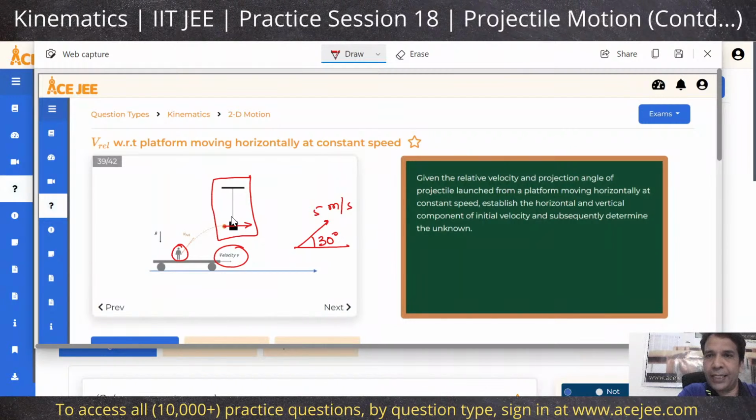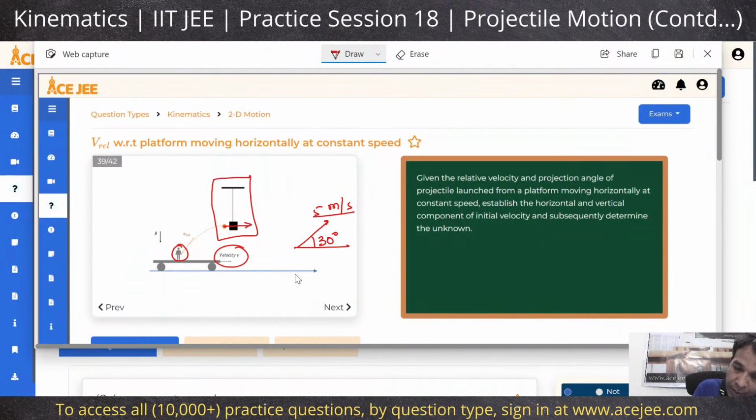We are interested in knowing the component of the horizontal velocity, right? So how do we figure that out? Well, with respect to the platform, the launch velocity is 5 meters per second and the launch angle is 30 degrees, correct? With respect to ground, what is the launch velocity and what is the projection angle?